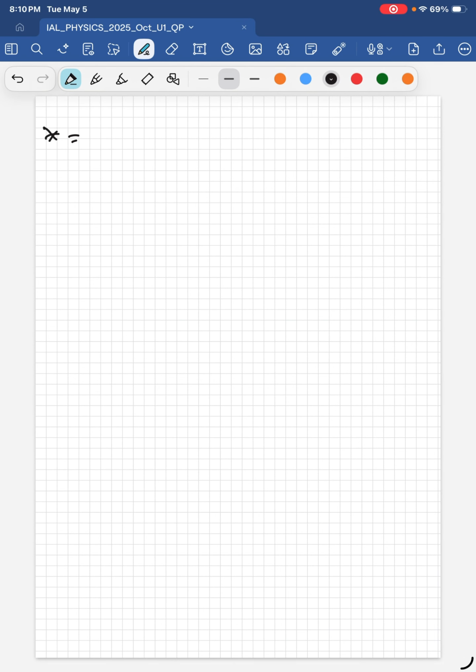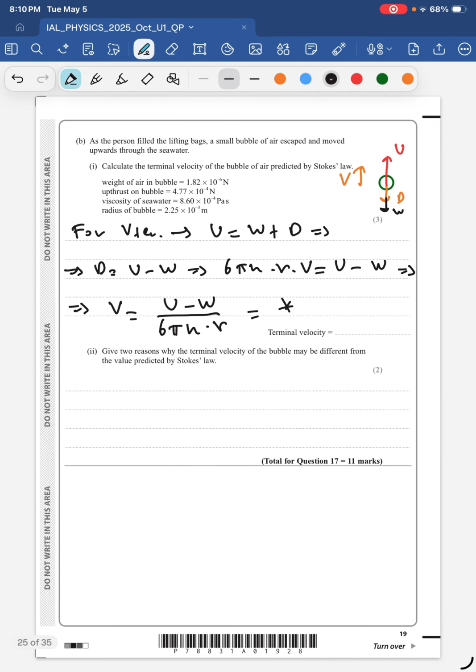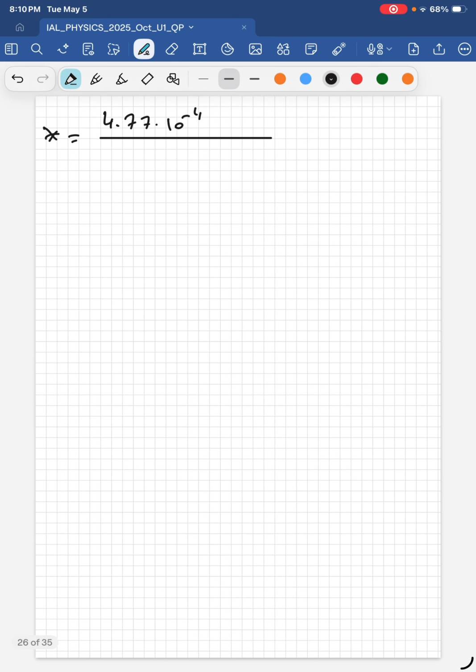Okay, so we are given various things which we will take advantage of. So 4.77 times 10 to the negative 4 is the upthrust. The weight is 1.82 times 10 to the negative 6.